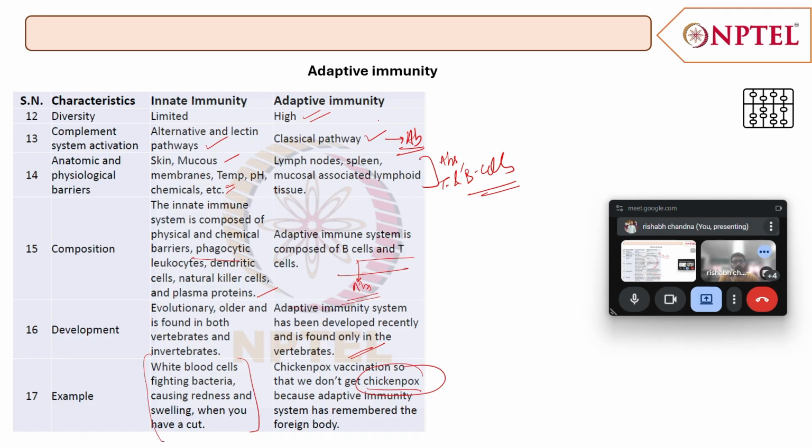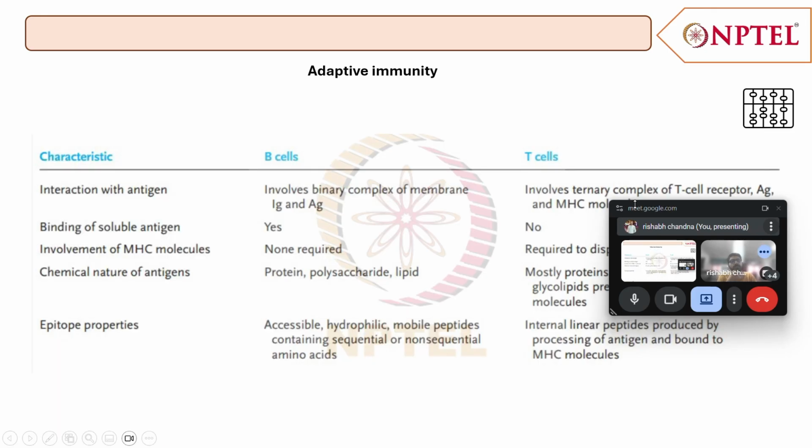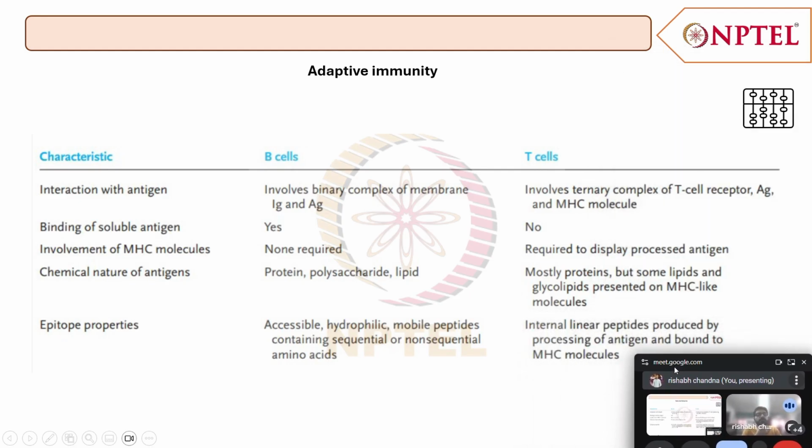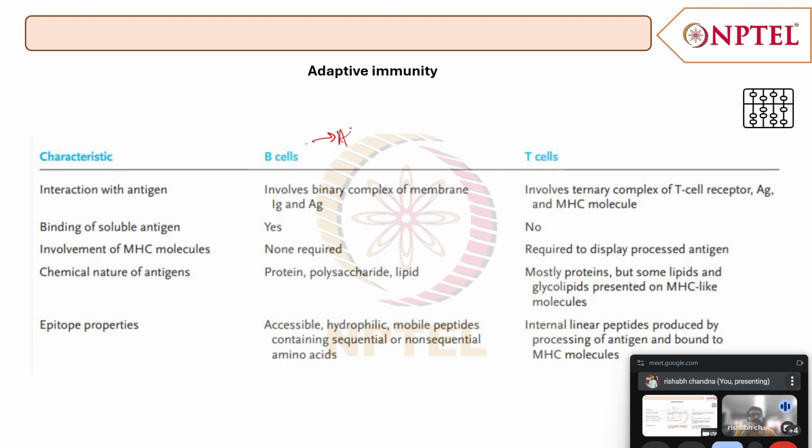The B and T cells are the major cells involved in the adaptive immune system. The B cells basically produce the antibodies, and T cells produce cytokines so that they can activate different phagocytes for the clearance of the microbes.